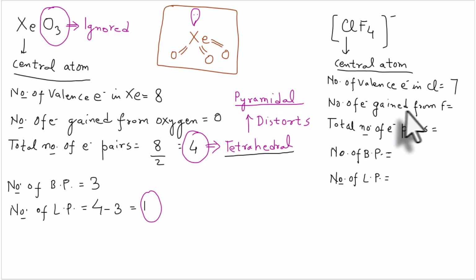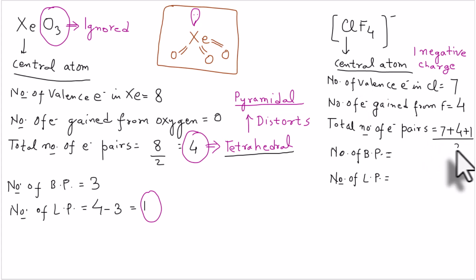The number of electrons gained from bonding is 4, since we have 4 fluorine atoms, and then we have an additional negative charge. So the total number of electron pairs becomes 7 plus 4 plus 1 negative charge, divided by 2, that is 6.